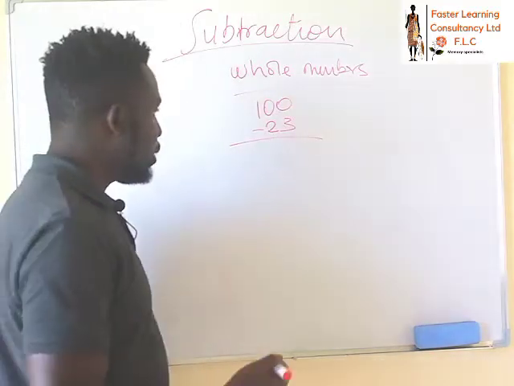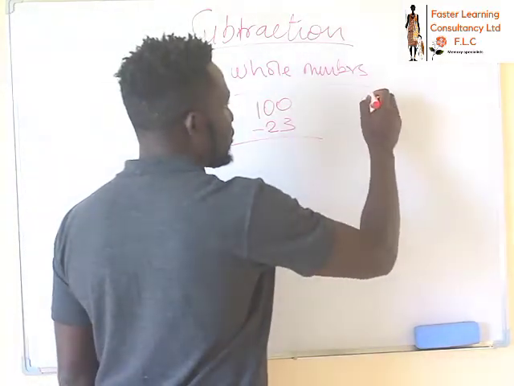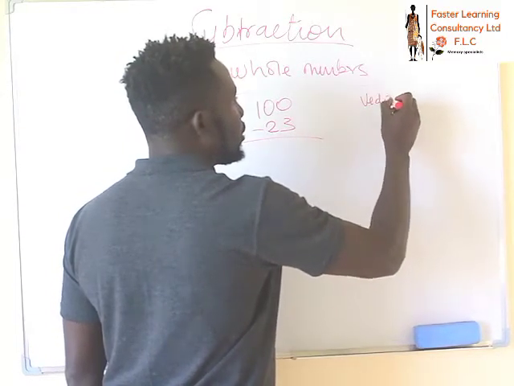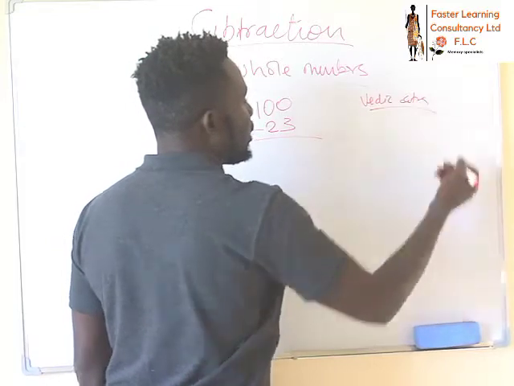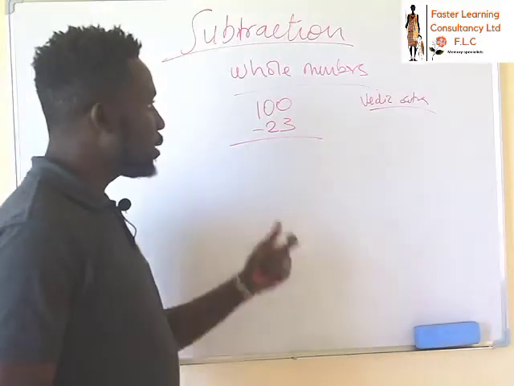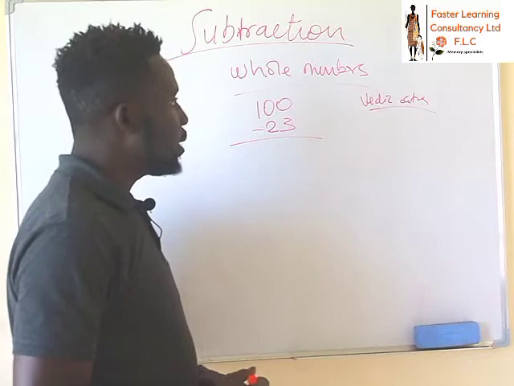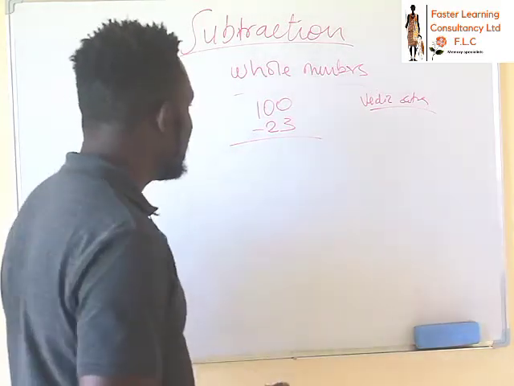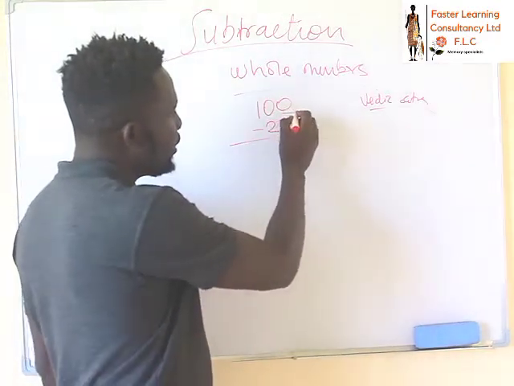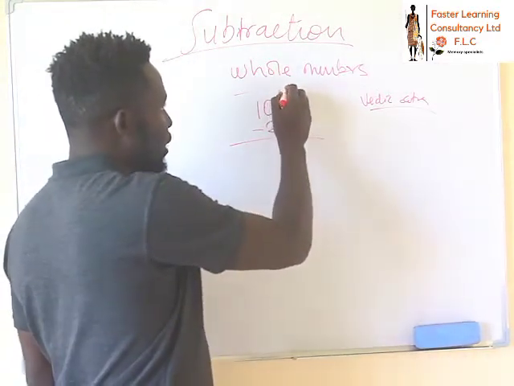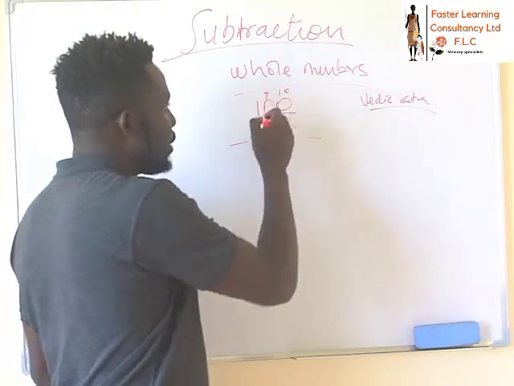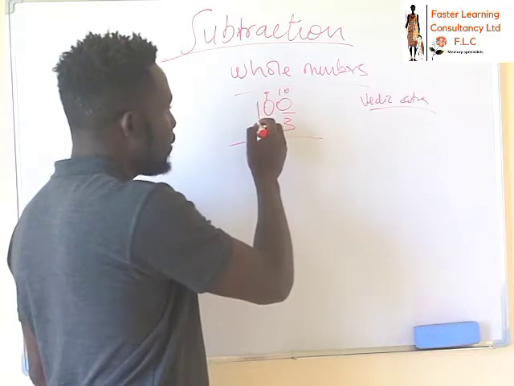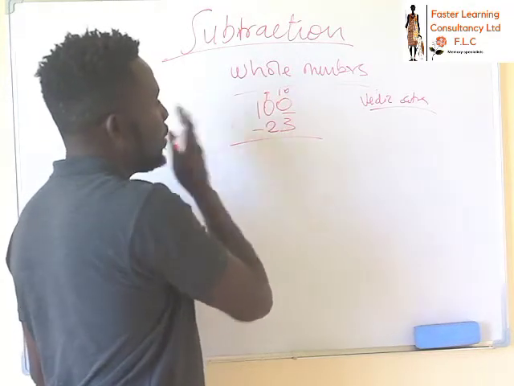There is something called a Vedic sutra. It's an Indian way of doing a calculation. Normally, the unit digit you subtract from 10, the second one you subtract from 9, and from the farthest number you subtract 1.